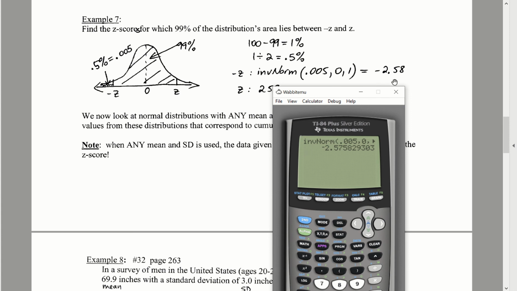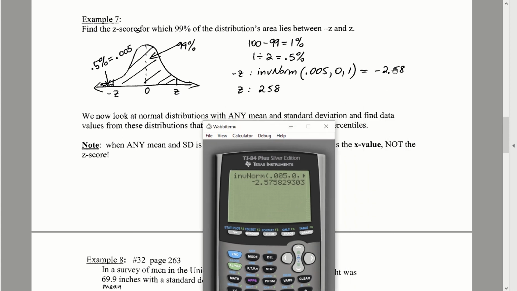So that would be the lower of the two z-scores, and then conversely the positive one would be a positive 2.58. So what we would know is that 99% of the standard normal distribution lies between z-scores of negative 2.58 and positive 2.58.